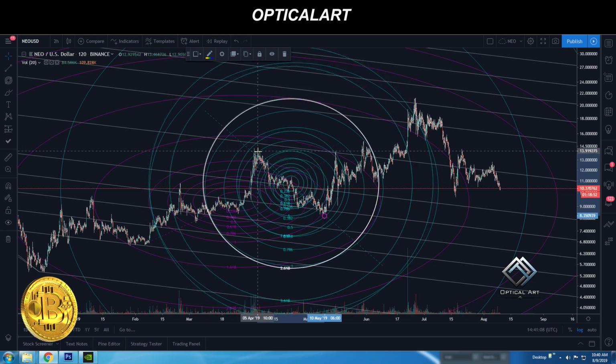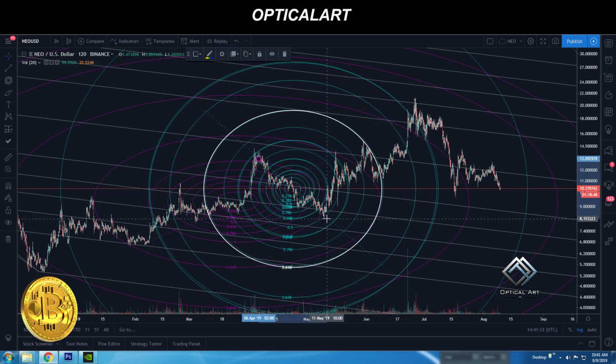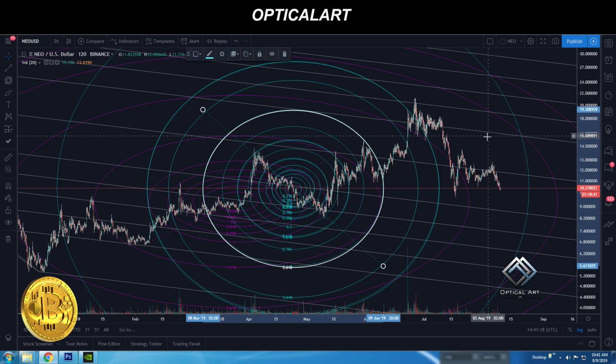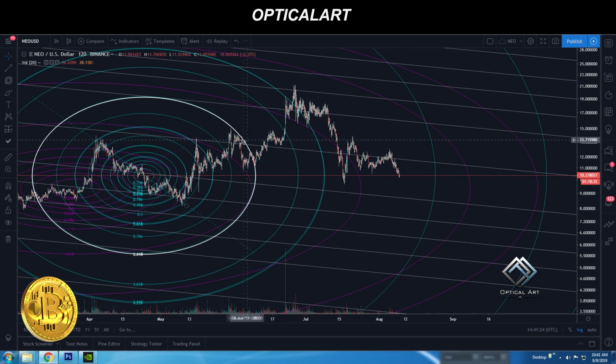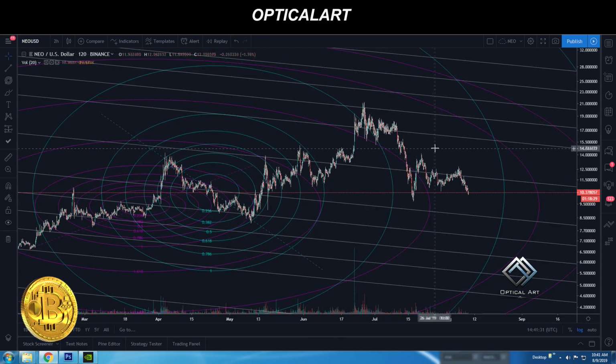But then you can change it and adjust it to get it to fit price action, like this ring that I have here. And when you see how well it fits everything, then you know that these rings out here are going to play a role as a potential pivot to either shoot up or shoot down. Every single one of these. And you can see, let me delete one of these. You can see how well price has been respecting each one of these rings.